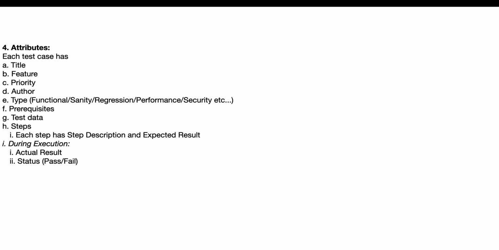And then priority. Why do we need priority? Priority is critical, high, medium, low. When we are doing testing, after the code is given to QA, during the testing phase we will always try to execute the test cases that are very, very important from the customer perspective first.